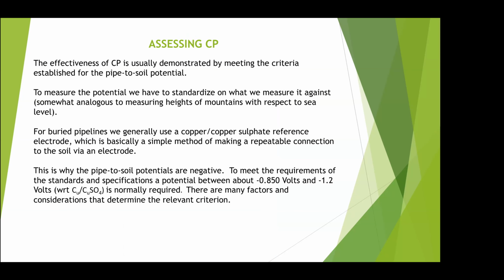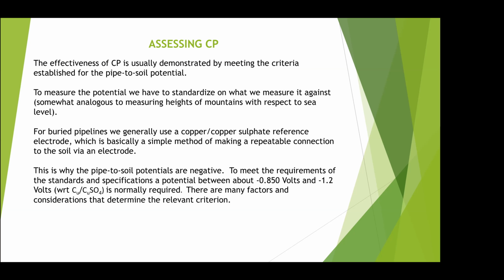Now, how do we assess whether or not CP is effective? And the way we do it is we take a measurement of the voltage of the pipe. And the way we do that is at the above ground test posts, we connect a voltmeter to the test post and we stick a probe in the ground.